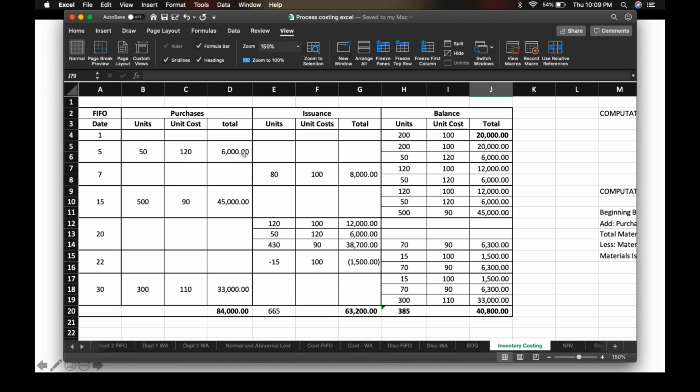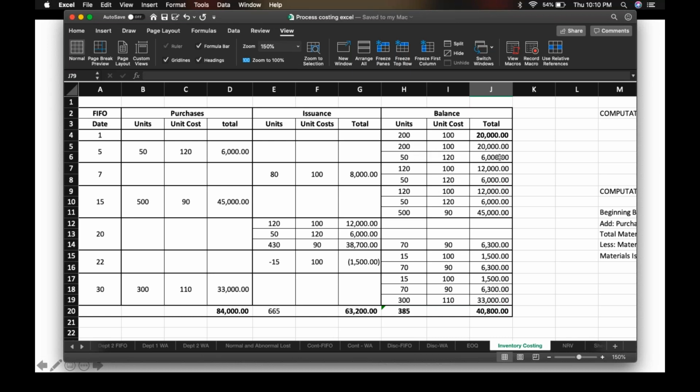So in our balance column, we should not combine the two inventories or materials. We still have to separate 250 because they have a different price. 200 at 100 and 50 at 120.